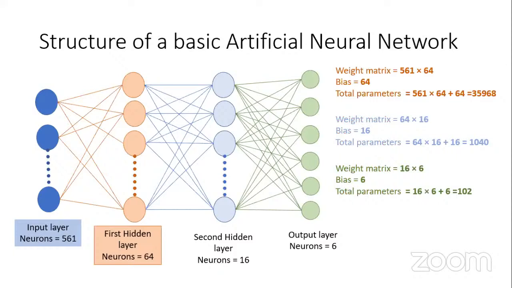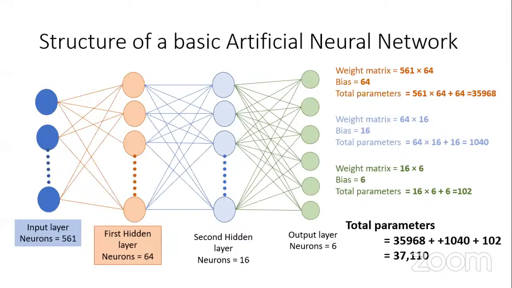The biases will be 6. The total number of parameters will be 16 into 6 plus 6, that is 102. So the total number of parameters in this ANN will be 37,110.